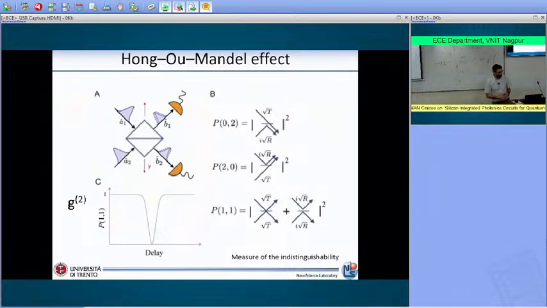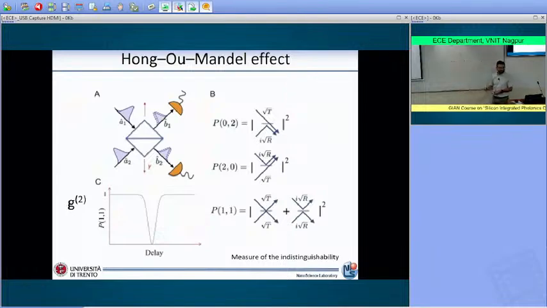So let us try to perform this experiment. In this experiment, we have a beam splitter. We already know what a beam splitter is. It's simply a piece of glass tilted at an angle with respect to the beam. Here we have what is called a cube beam splitter, but it's nothing else than a beam splitter.